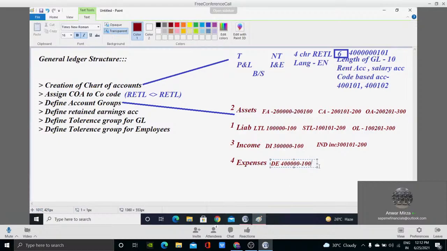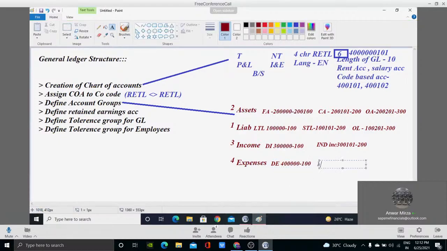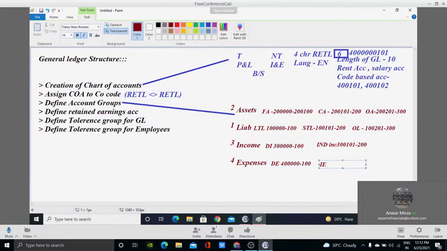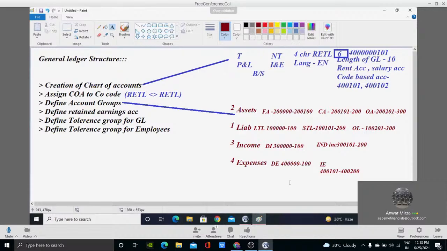Now the indirect expenses, IE. Let's start with 4 lakh 101 to 4 lakh 200. All those indirect expenses like rent, service, conveyance, petrol expenses, office expenses, transportation, traveling, postage, stationery, all those categories come under this. Now, I have used only 100.